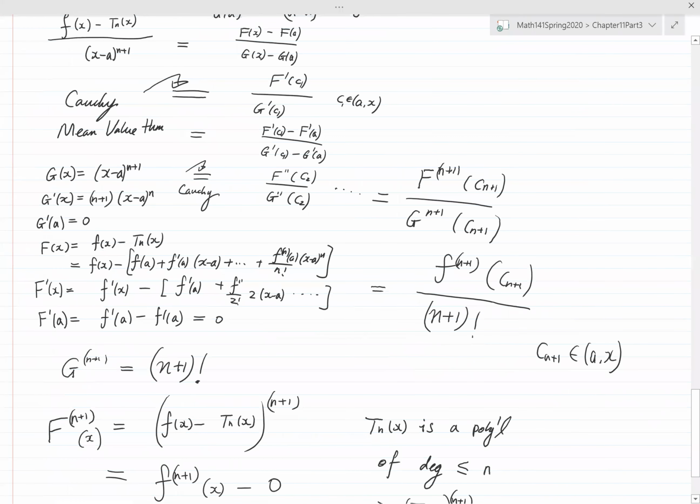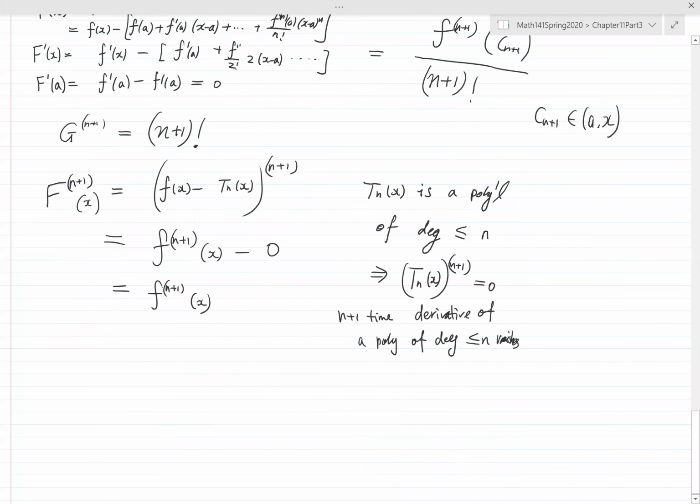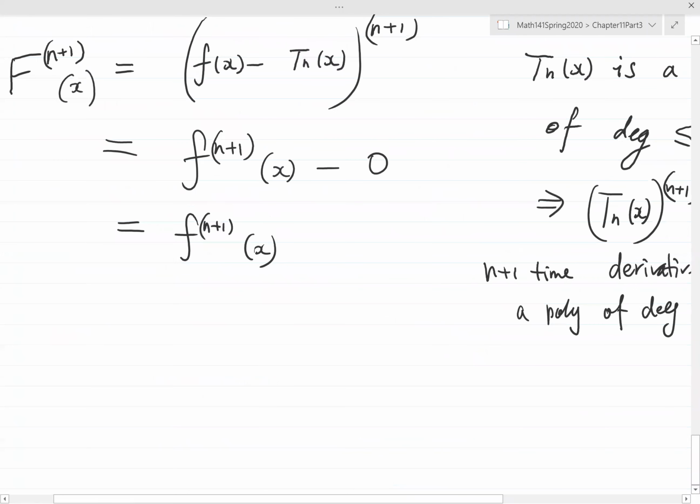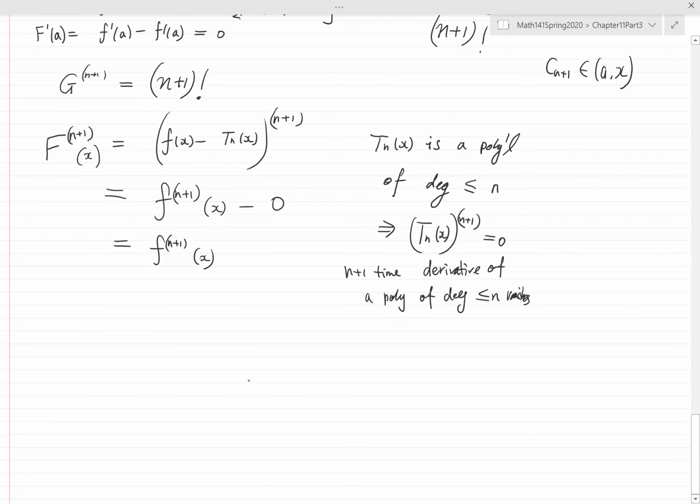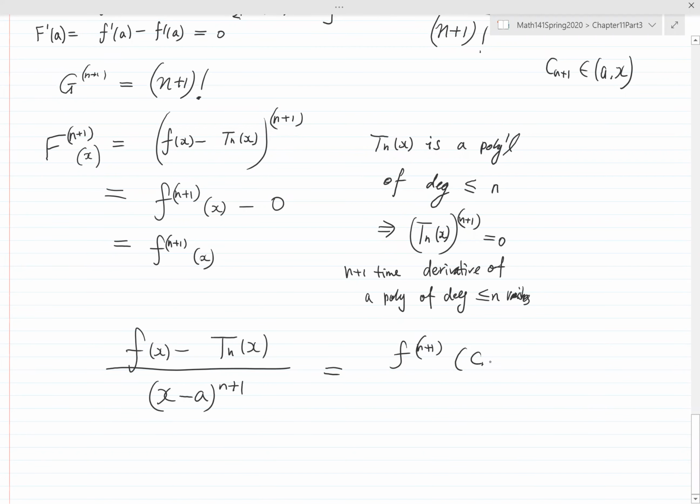So if you finally unravel the definition and check the Cauchy mean value theorem, what do we get? The equation: f x minus Tn x over x minus a to the power n plus 1 equals f's n plus 1 derivative at some number c n plus 1 over n plus 1 factorial.